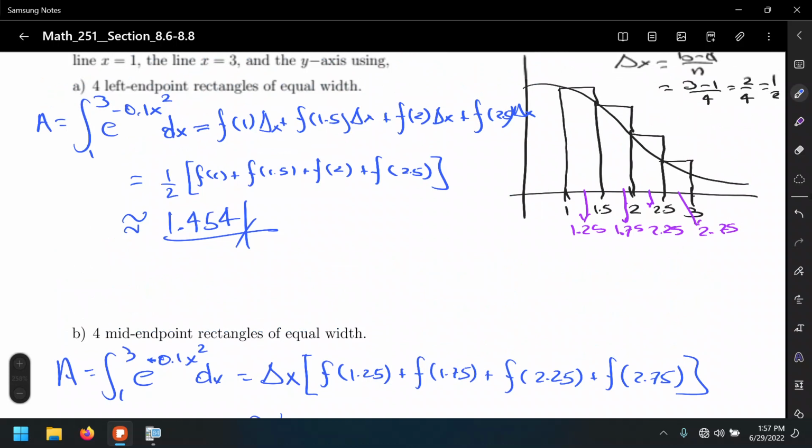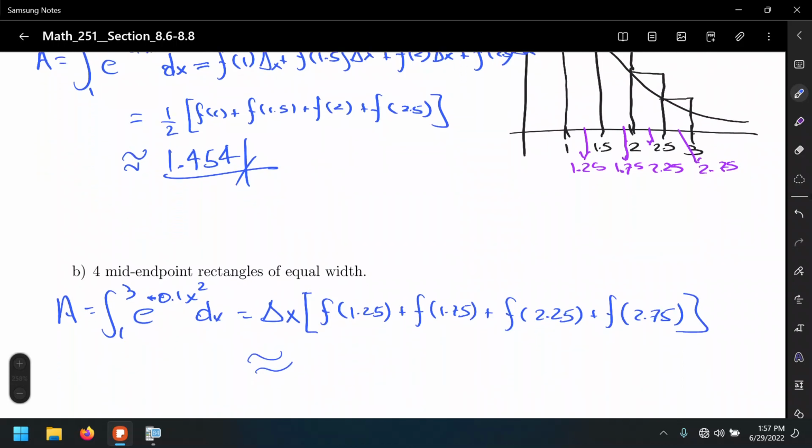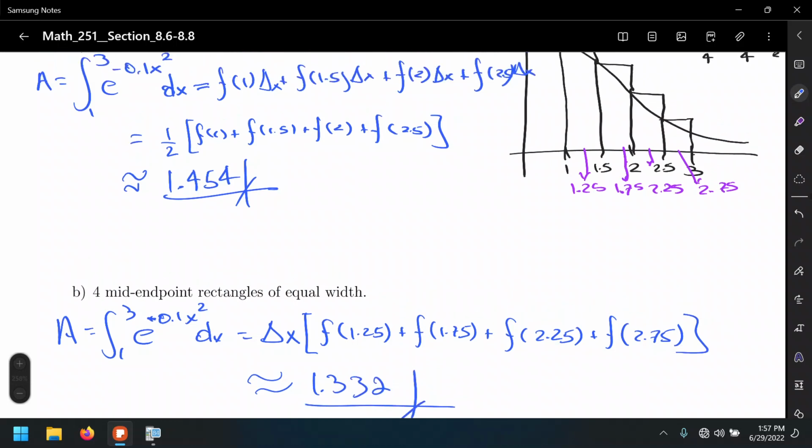Look at the picture. Look at the amount of area that is being overestimated in the different setups. So that's 1.332. All right, close to the previous value, but that's fine.